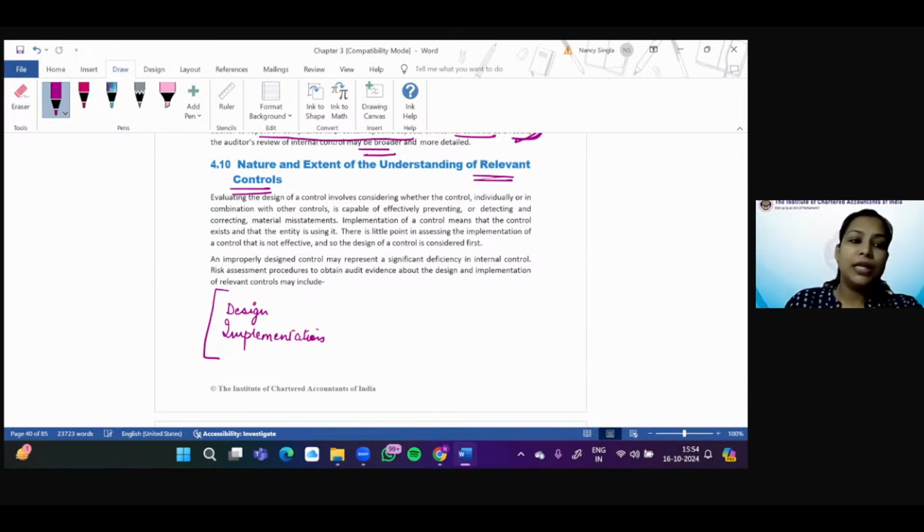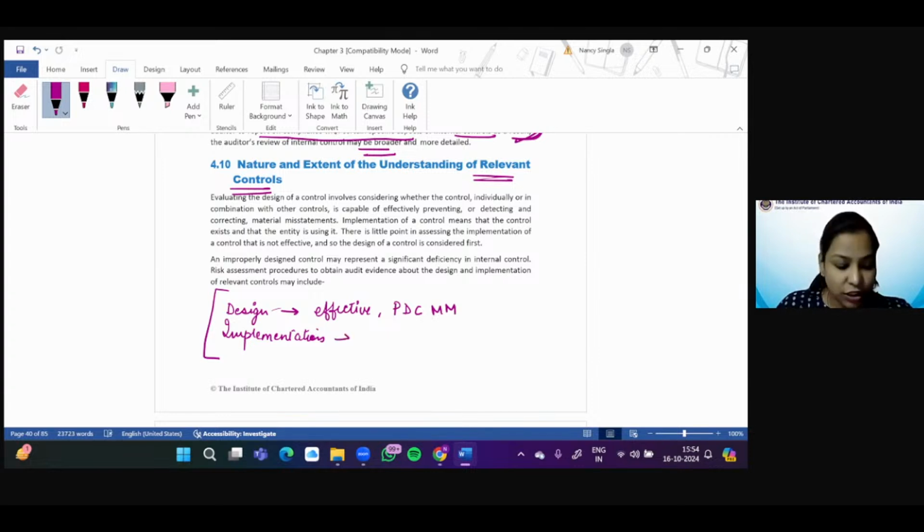So students, see what is design. So basically, design involves considering, okay? See, when the auditor is considering the design of internal control, he is actually understanding whether the internal control is effective in preventing or detecting and controlling material misstatement.